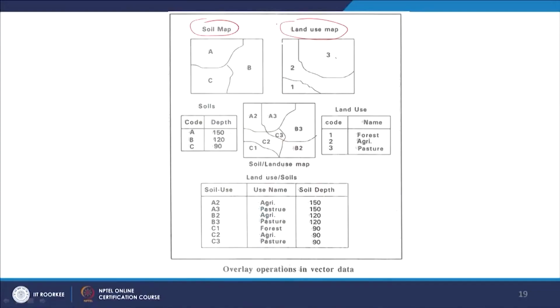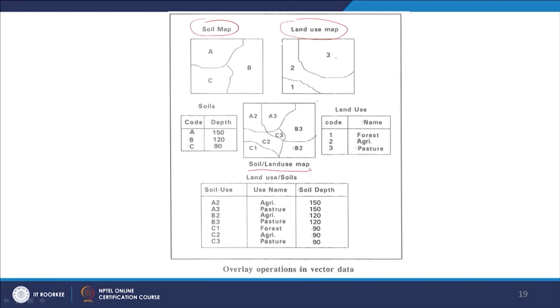Now, when I overlay, I may end up with 9 polygons or more or fewer, depending on how they intersect with each other. Therefore, not only will the number of columns in my attribute table increase, but the number of polygons has also increased in my map, which you can see here, the soil land use map.